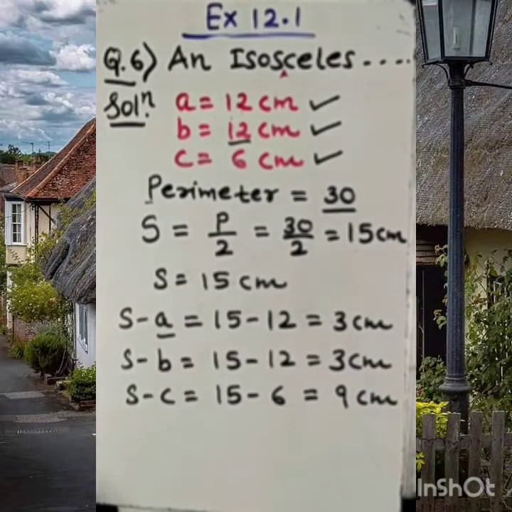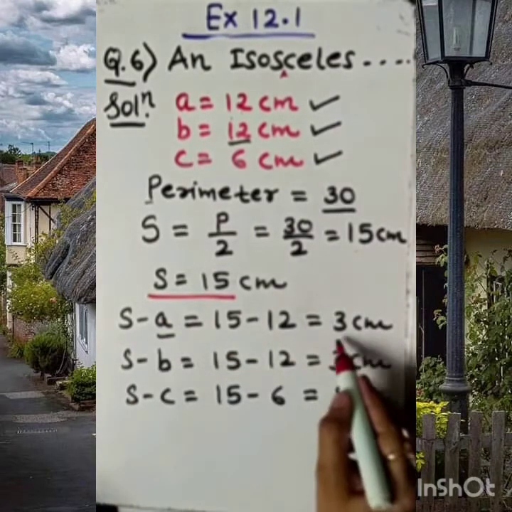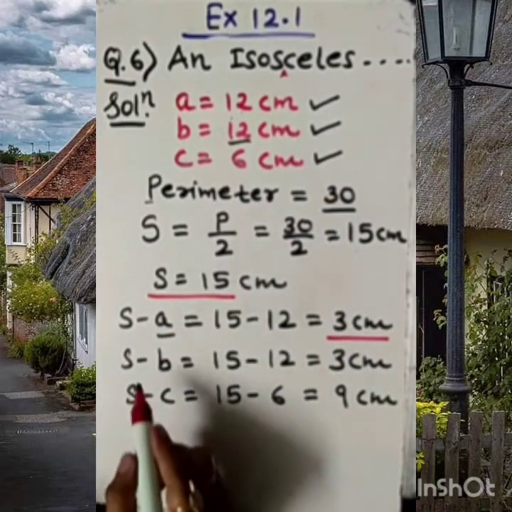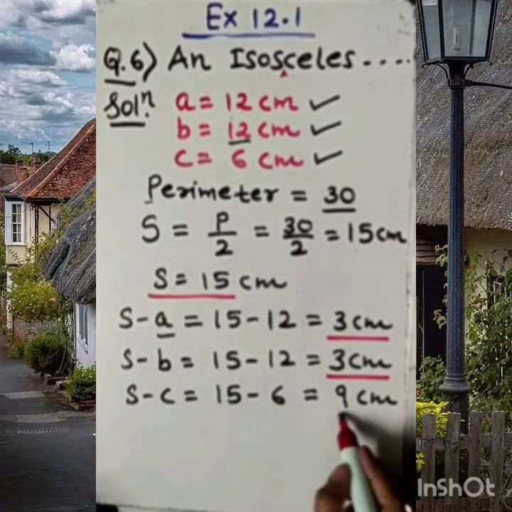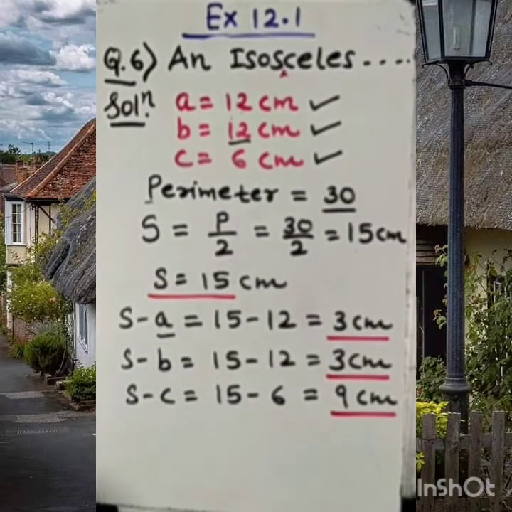So my dear student, we have s as 15 centimeter, s minus a 3 centimeter, s minus b 3 centimeter and s minus c 9 centimeter. Got it?